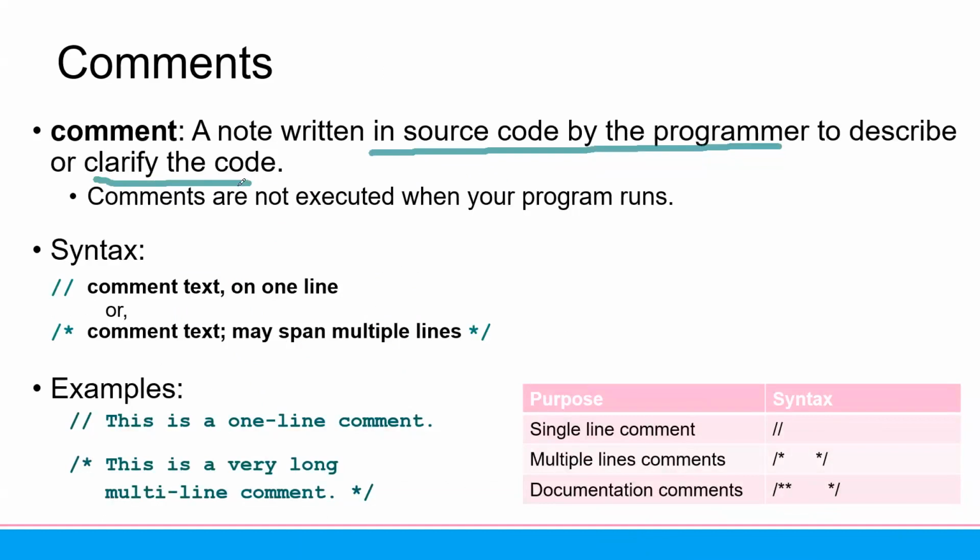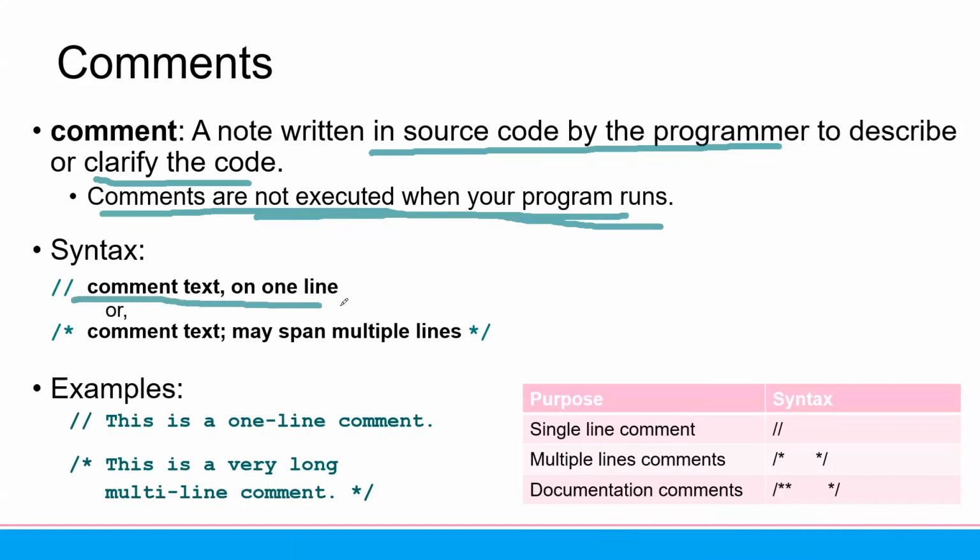But of course, those kind of words are not executable in Java. So it's just a comment, or you just try to explain with your words, or sometimes you may write in Korean. And those comments are not executed when your program runs. So it is only just to mention, okay, this program will do like this.